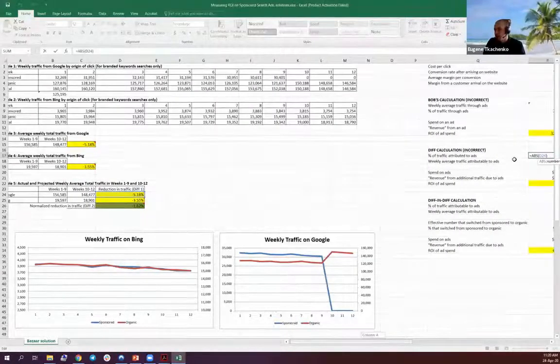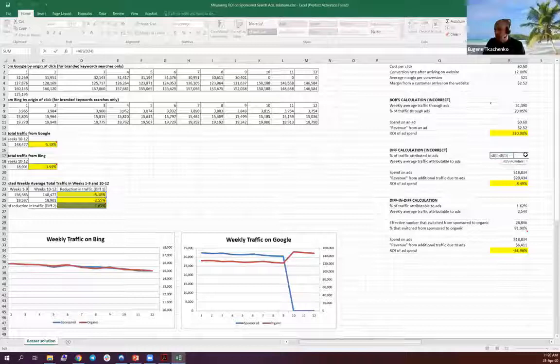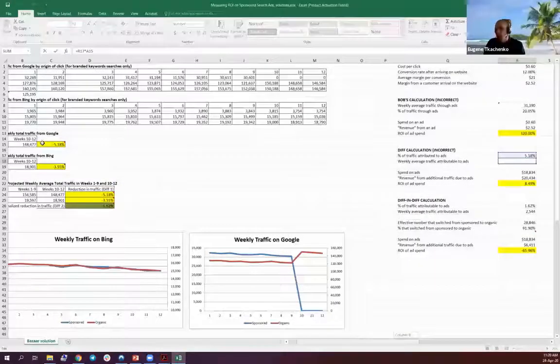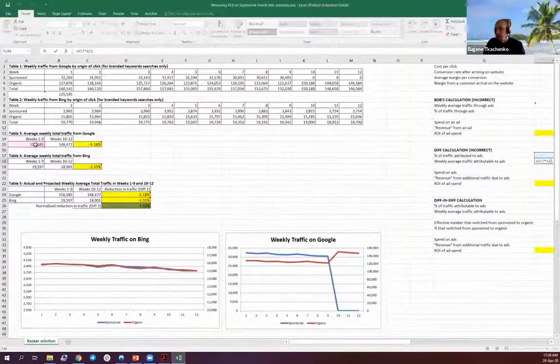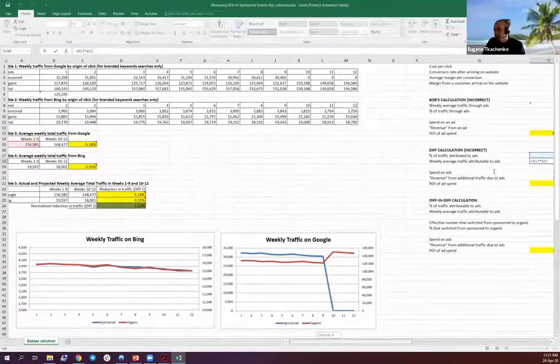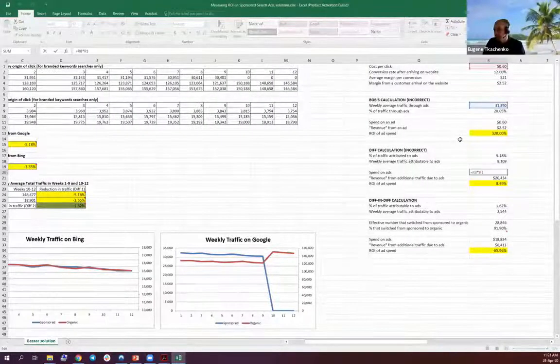So basically the average traffic we were considering attributing was 5.18% times the value for the traffic for Google for weeks 1 to 9, 156.5 thousand clicks.